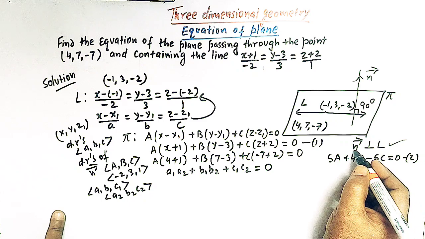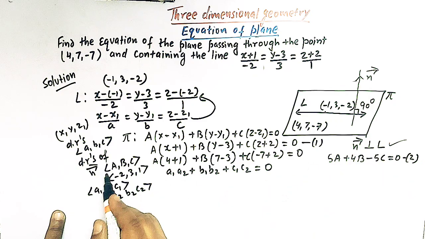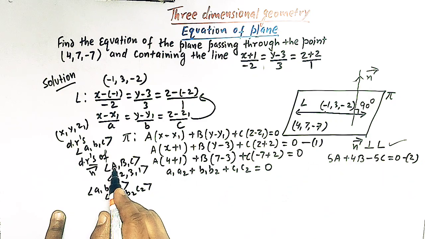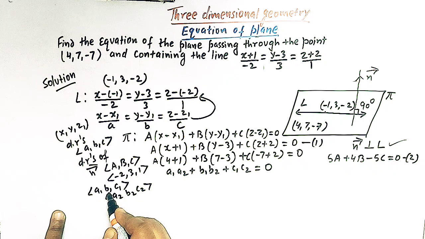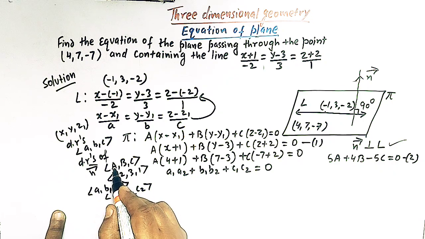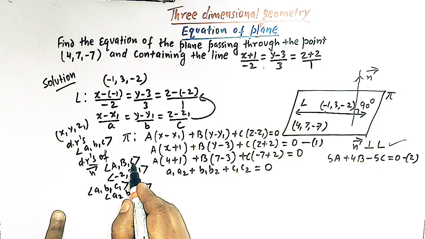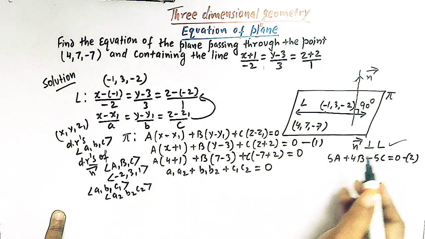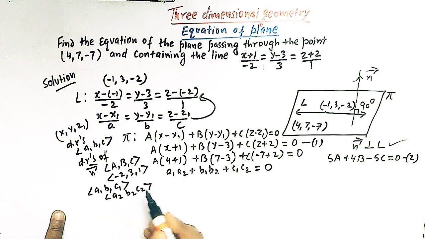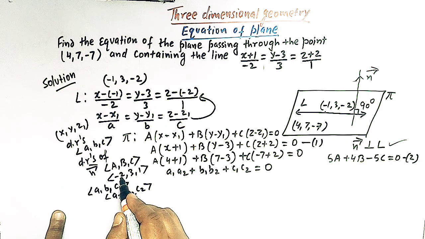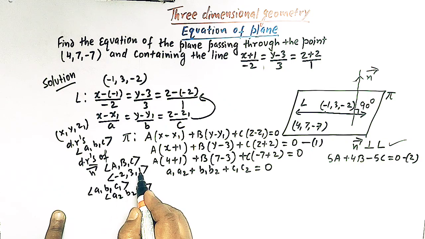So here this normal vector n has the direction ratios A, B, C. So A1, B1, C1 may be taken as capital A, capital B, and capital C, and A2, B2, C2 may be taken as minus 2, 3, and 1.